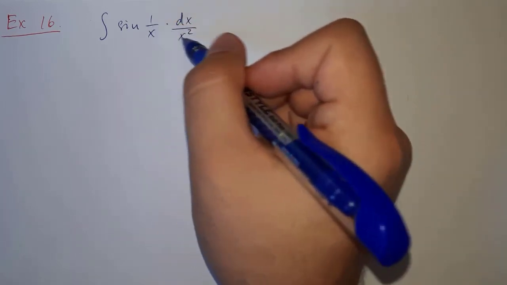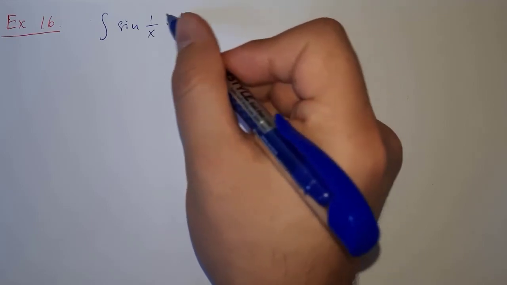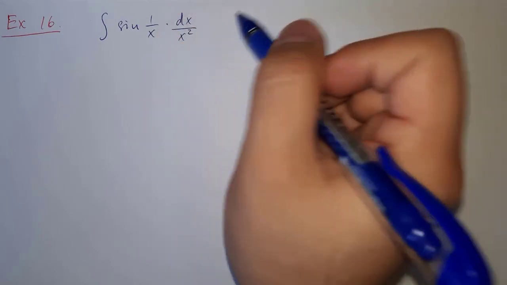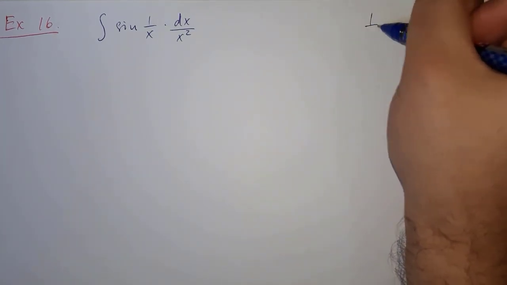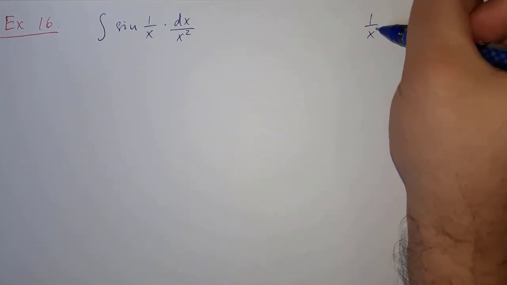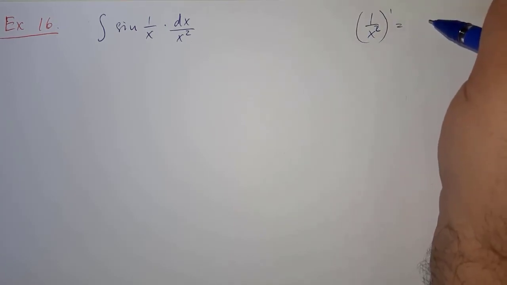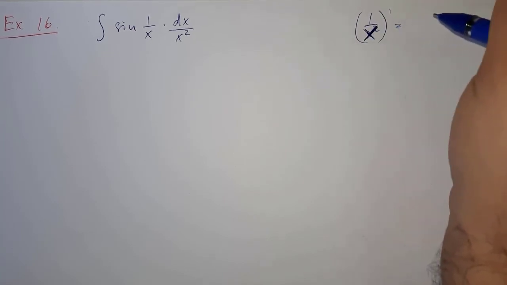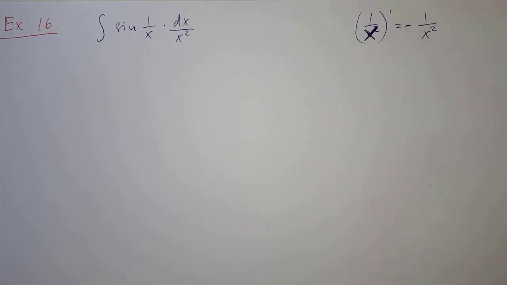So we need to equate these two variables using the differential. We can write this 1 over x squared because the derivative of 1 over x is minus 1 over x squared.